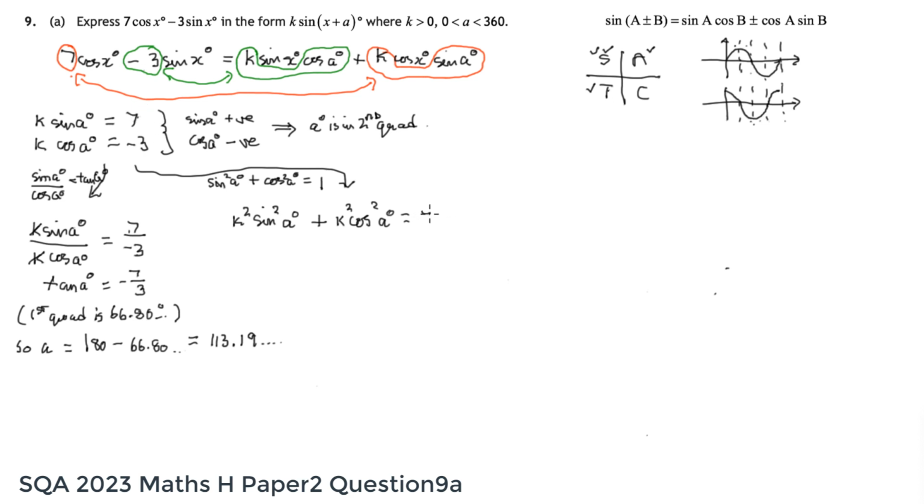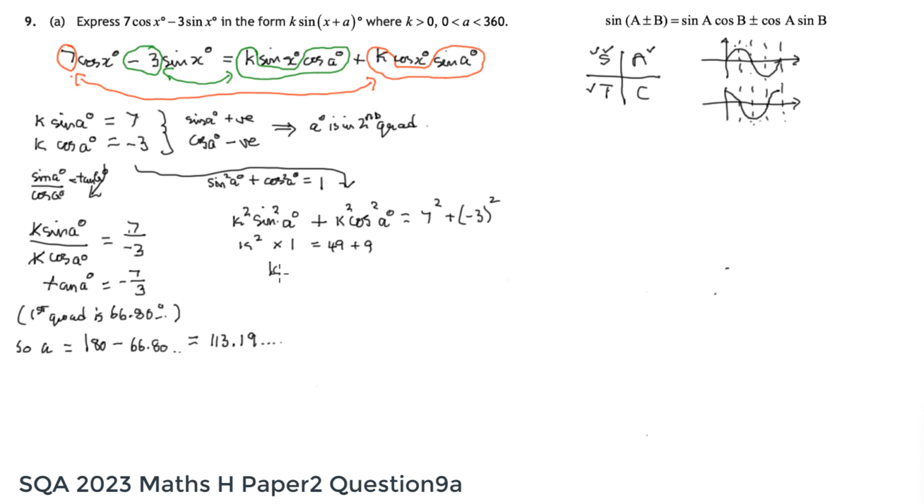So we get 7 squared plus -3 squared. Common factor of k squared. That leaves us sine squared a plus cos squared a in brackets, which we know is equal to 1. So that gives us k squared times 1 equals 49 plus 9.